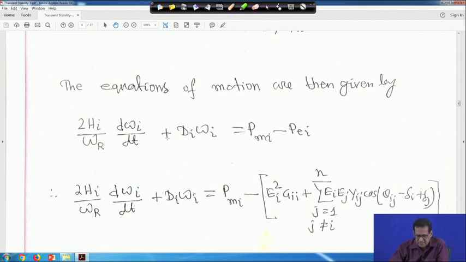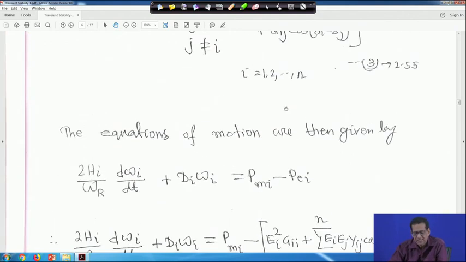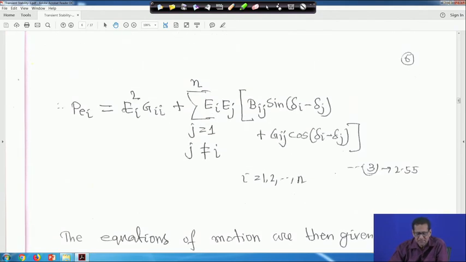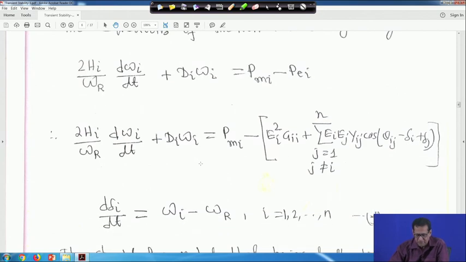Substituting the expression for P ei, we get P mi minus the bracket of E i square g ii plus sum over j equal to 1 to n, j not equal to i, of E i E j y ij cosine of theta ij minus delta i plus delta j. This is your equation for omega.